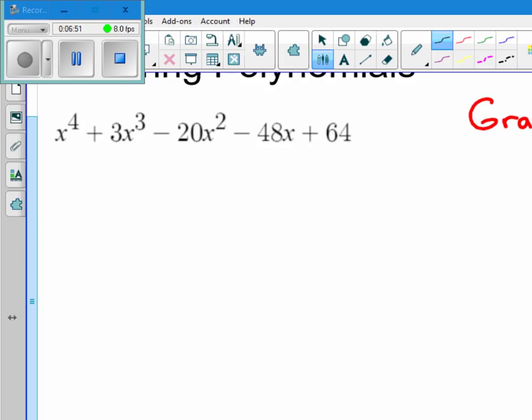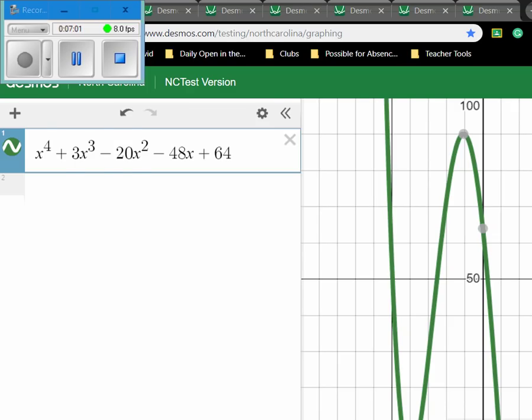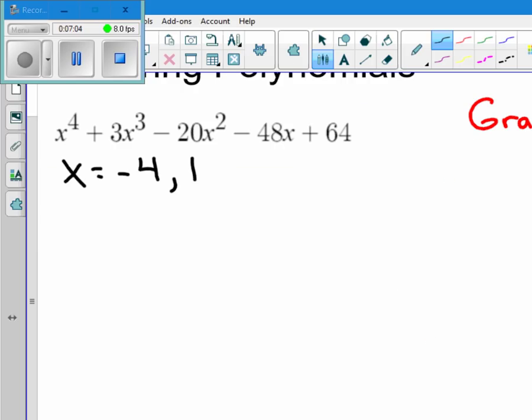And so we know x is equal to -4. Was it +1? Or was it -1? No, +1. So here's -4, 1, and 4. And I'm just going to start with the synthetic division. Because of the size of some of these numbers, I want to hit some of the larger numbers first, so I'm going to start with the -4, and that's my root.